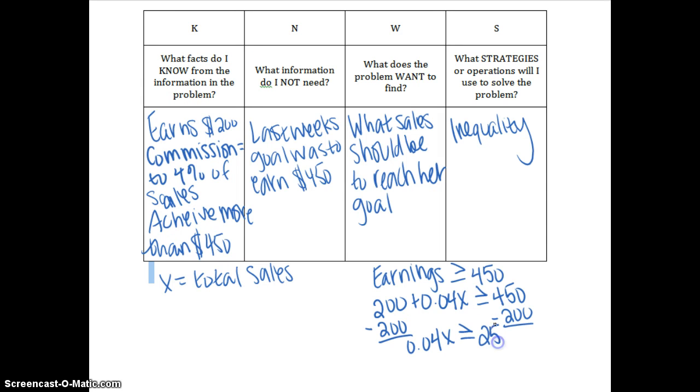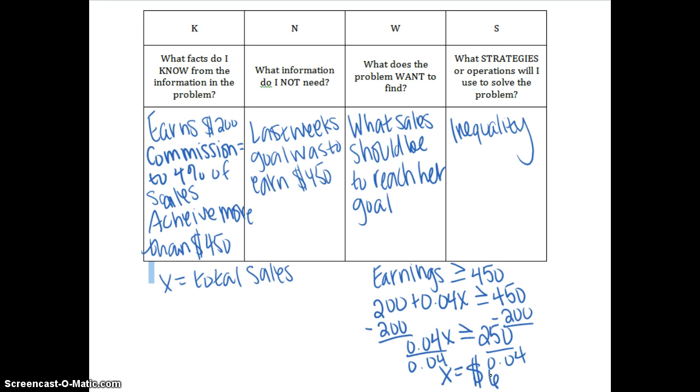Okay. Now what? Now you have to divide 250 and 0.04 by 0.04. And that would give you x equals 6,250.